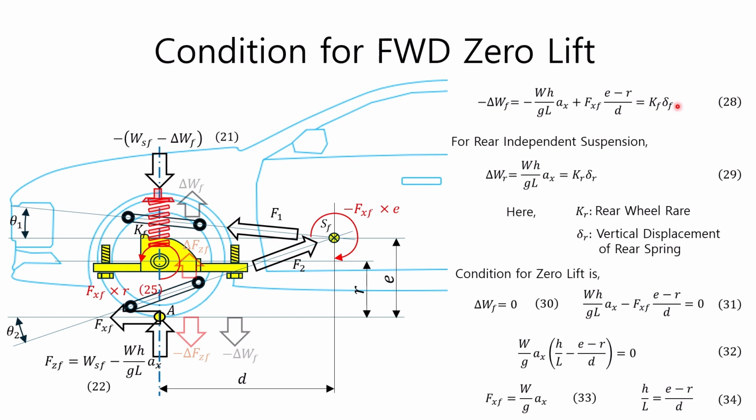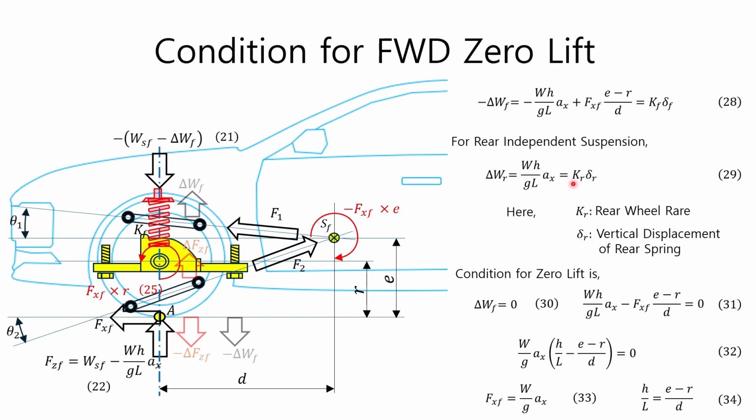Meanwhile, from the spring displacement of the front and rear wheels, we can determine the condition for making the pitch angle zero when the driving force is generated in a front-wheel drive vehicle with independent suspension. The front spring displacement was calculated using equation 28, and the vertical spring displacement relative to the rear wheel center can also be calculated from equation 29, using the previously calculated vertical rear spring dynamic load, delta WR.